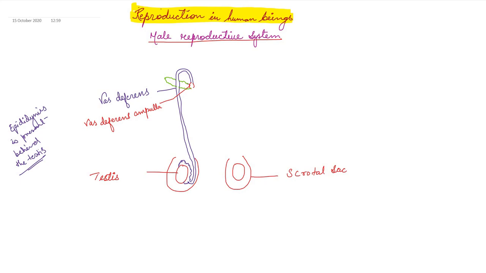And this opens into a tube-like duct. At this stage, this tube-like duct is known as ejaculatory duct. Are you getting my point?